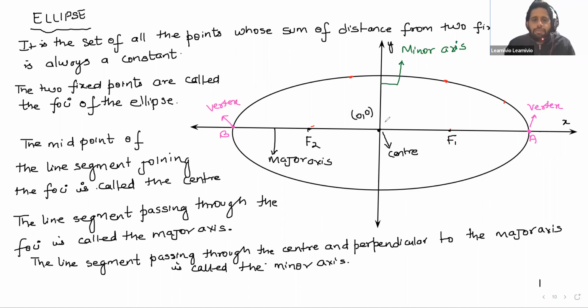So what is the vertex? The end point of the major axis, or we can say the point at which the major axis touches the ellipse, is called the vertex.